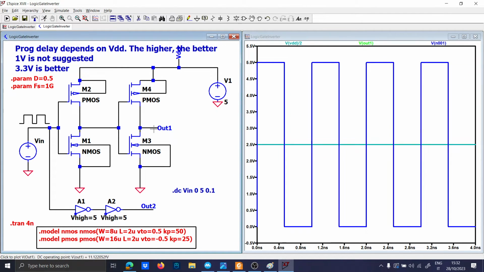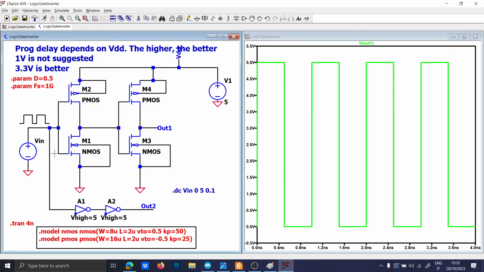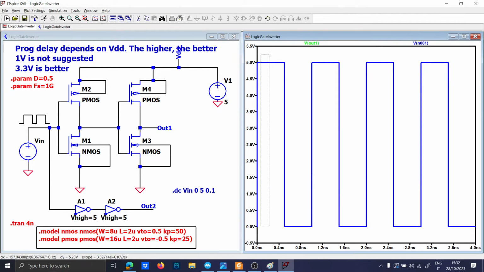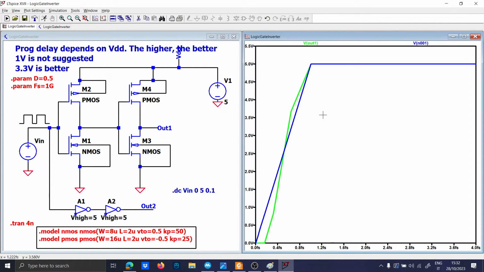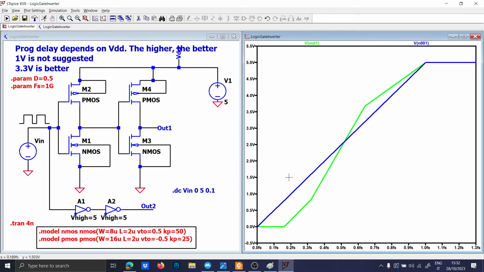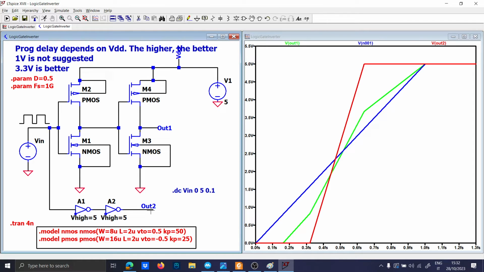Let's see if we can appreciate a change. No, it is still good. Do you remember how it was before? It wasn't like that. Now there is a big difference between out 1 and out 2. Yes, there is.